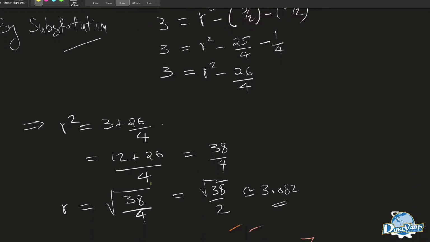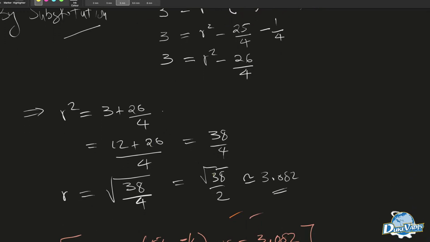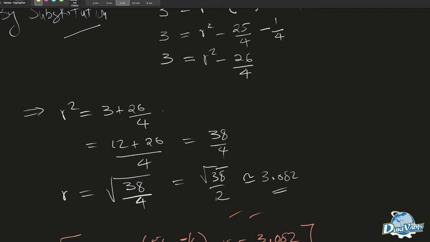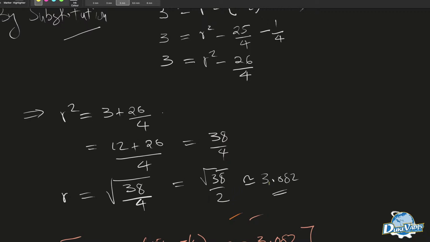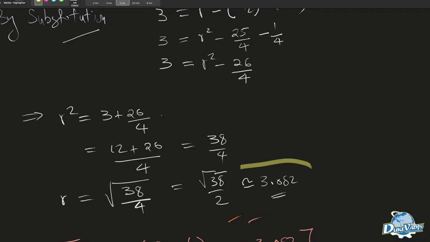And by taking our time to calculate, we came out with the square root of 38 over 2. That is the radius, which is equivalent to 3.082. Friends, so straight on, the center of the circle is 5 over 2 and negative half, and the radius could be this or this.